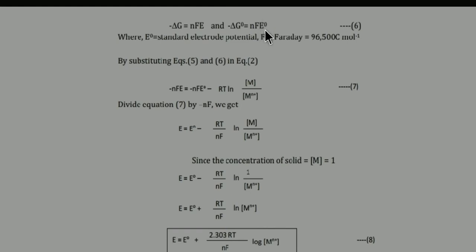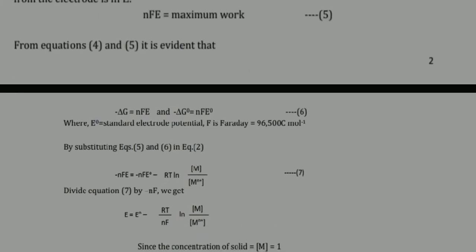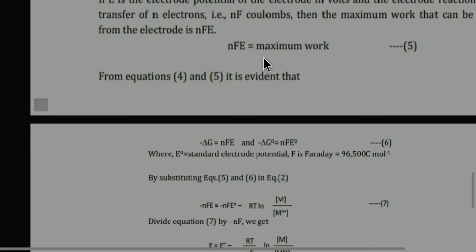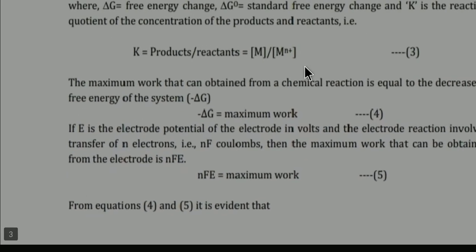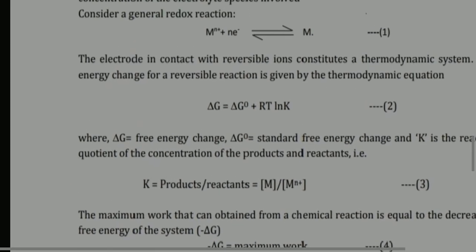Only the electrode potential is affected, which becomes E naught at standard conditions. E naught is the standard electrode potential, F is Faraday's constant, and the value is 96,500 coulomb per mole.